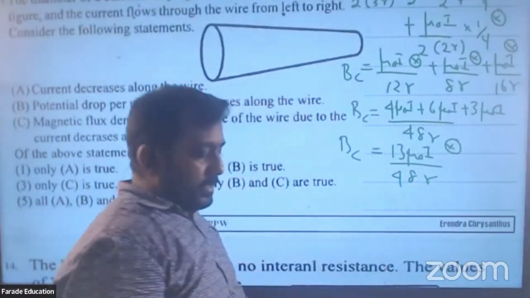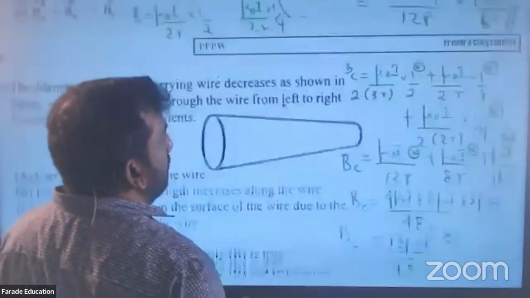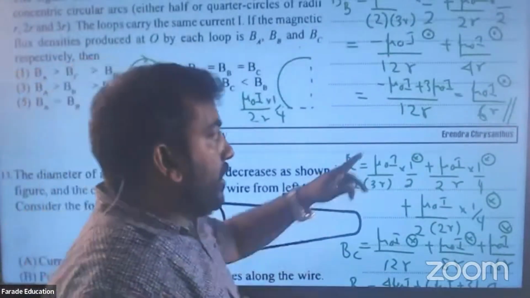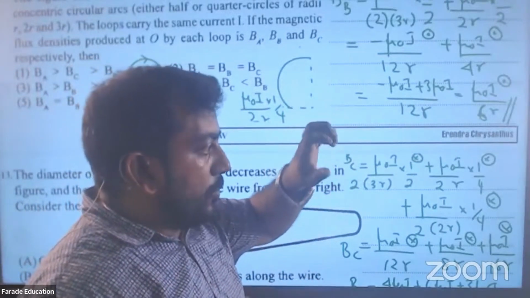13 divided by 48, how much? 13 divided by 48 is 0.27. 1 over 6 is 0.17.